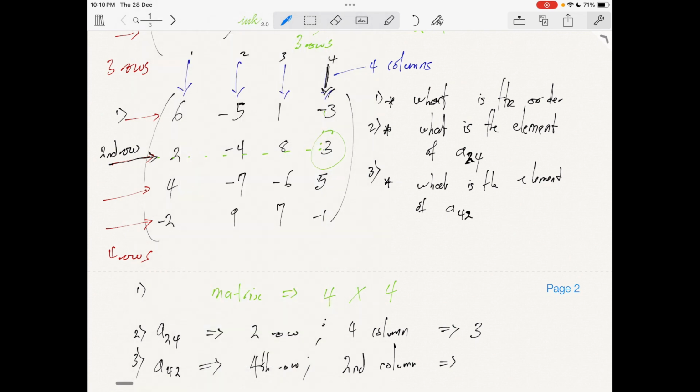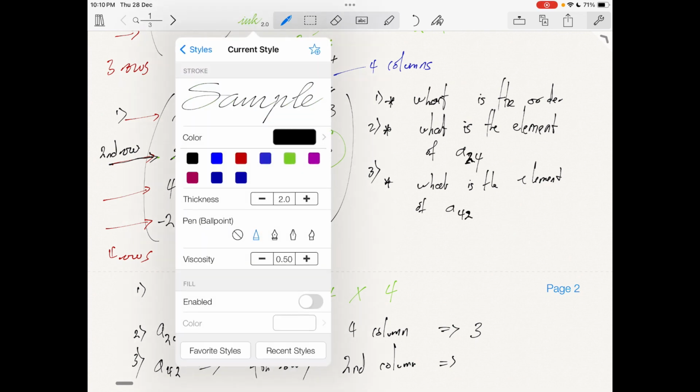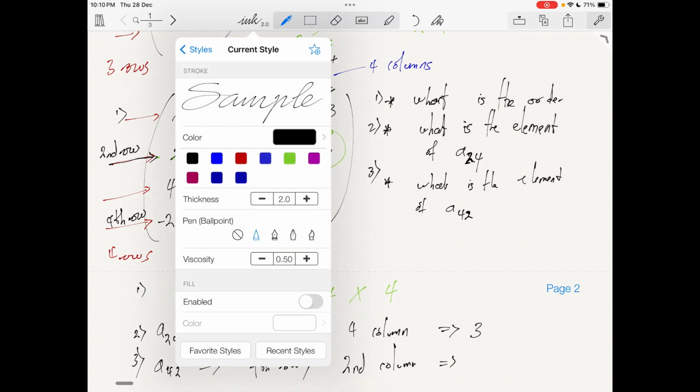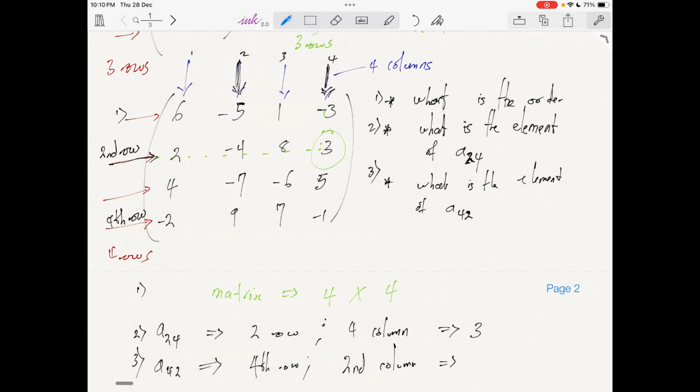This is the fourth row and this is the second column. Now if we trace it like we've done, we are going from the fourth row into the second column, so they are intersecting here. So that means our answer is 9.